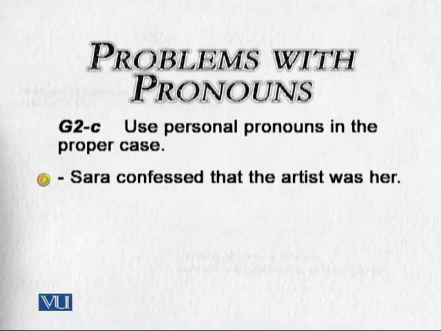The stress is actually on Sarah, so Sarah herself. Please keep in mind, when pronouns come after a to be verb, this is something very, very important. Whenever you use pronouns after a to be verb, is, am, or was and were, pronouns are going to be in subject form.